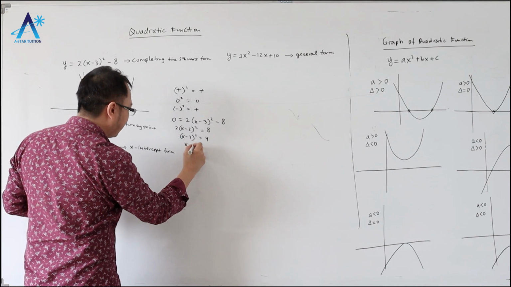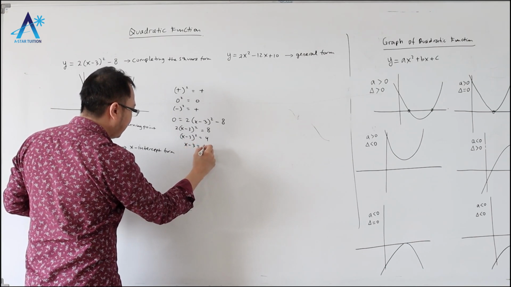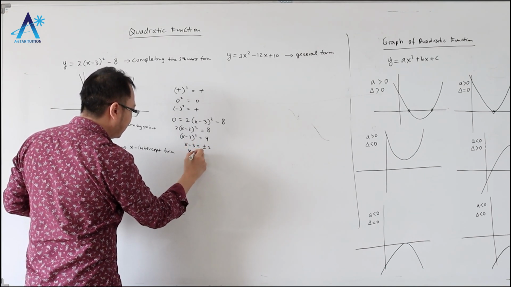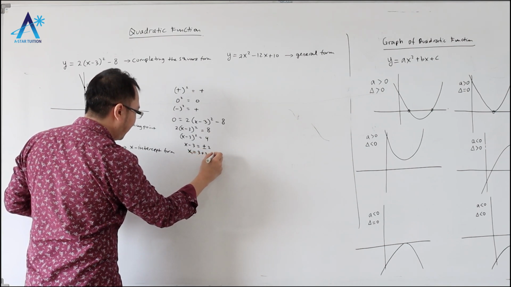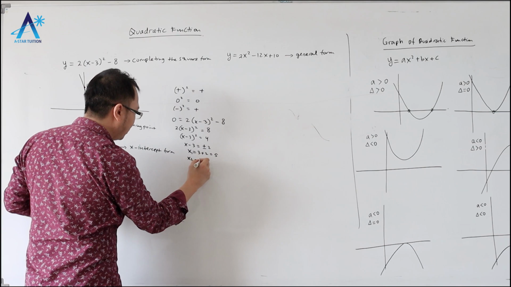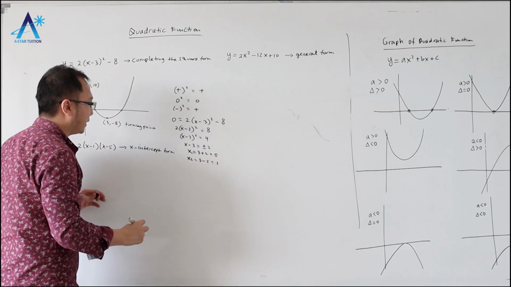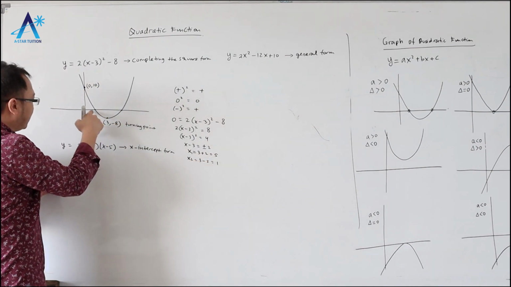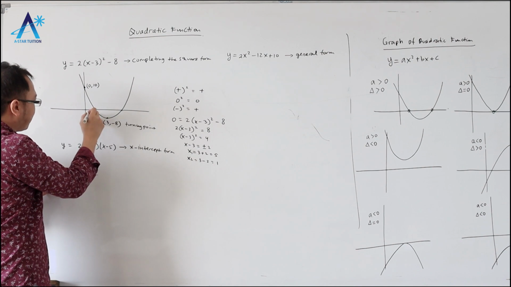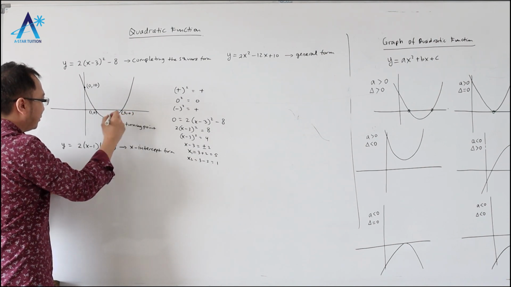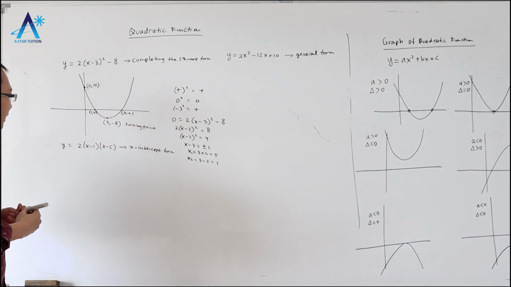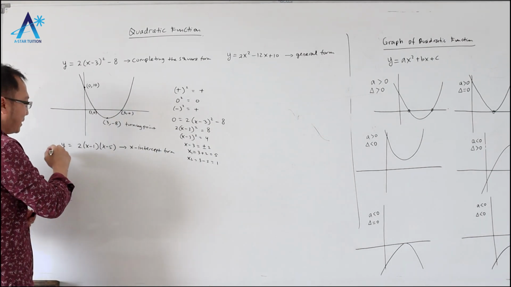And therefore x minus 3 will be positive or negative 2. We have x1 equal to 3 plus 2, which is 5, and x2 equal to 3 minus 2, which is 1. So now we know that the coordinates of the x-intercepts are (1, 0) as well as (5, 0). It's as simple as that.